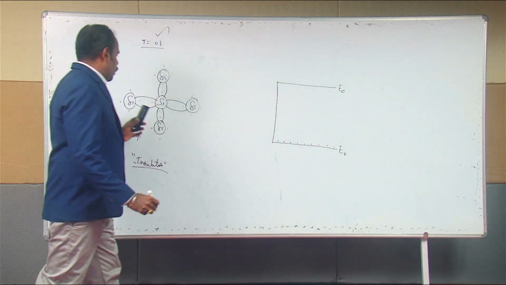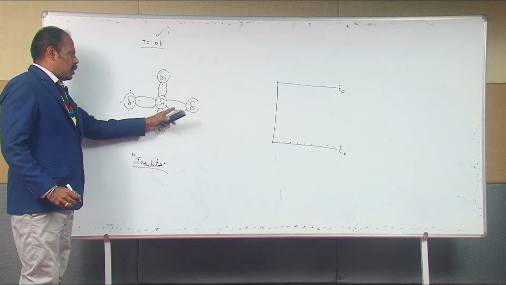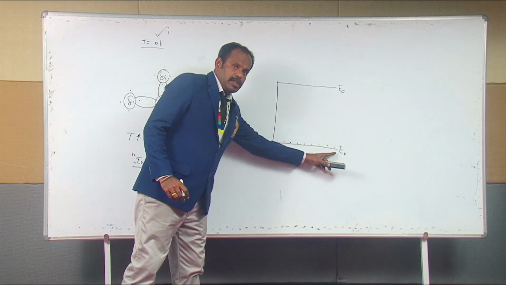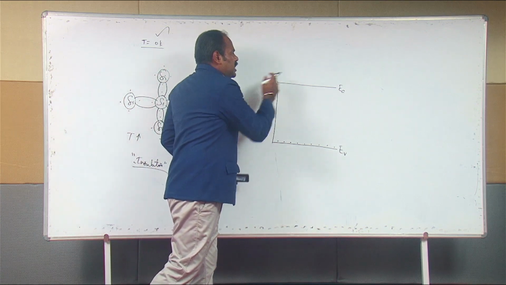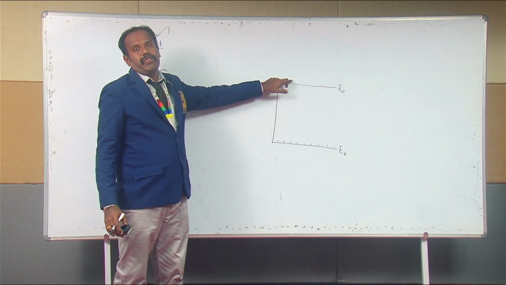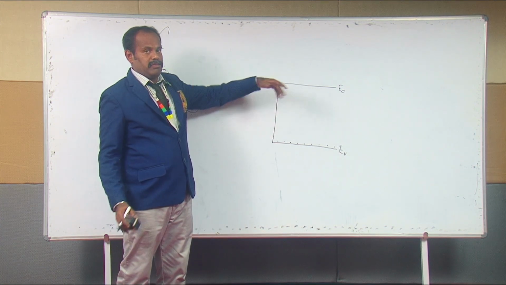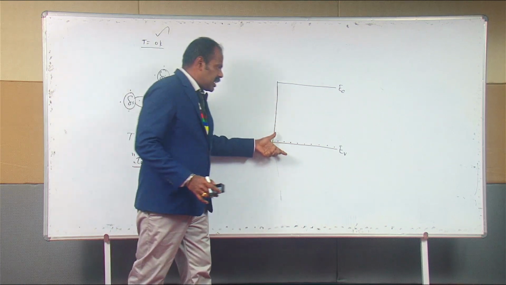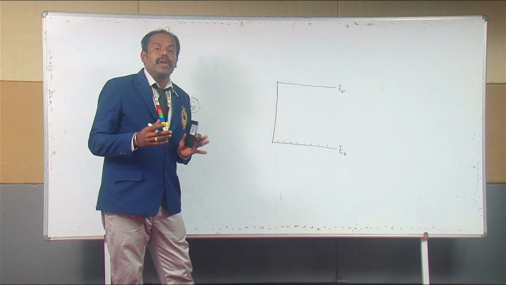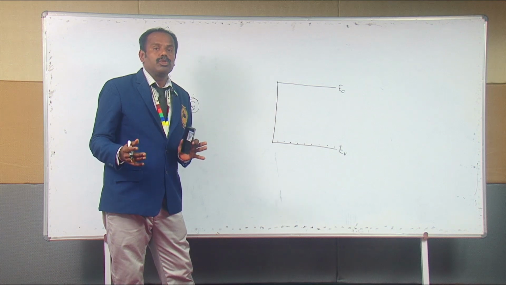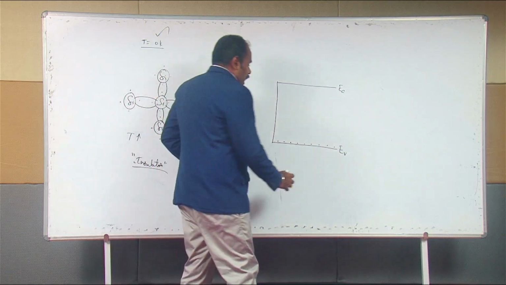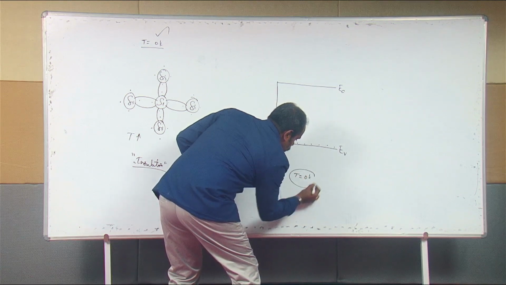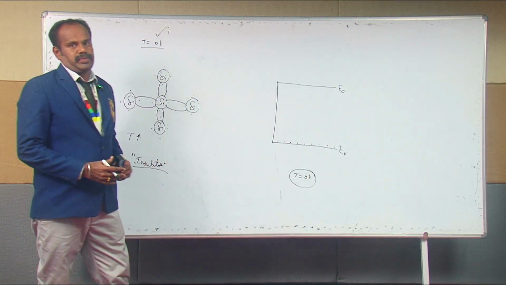There is no presence of electrons in the conduction band, which means there are no free electrons, and thereby in this scenario the material is going to behave as a perfectly insulating material. So this is the condition when T is equal to 0 Kelvin.